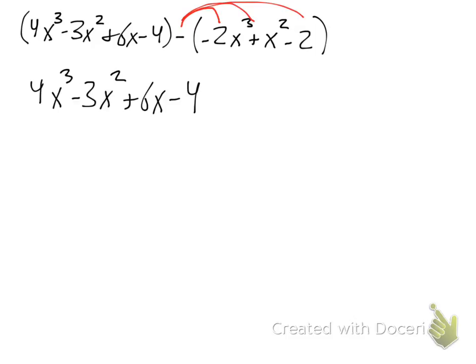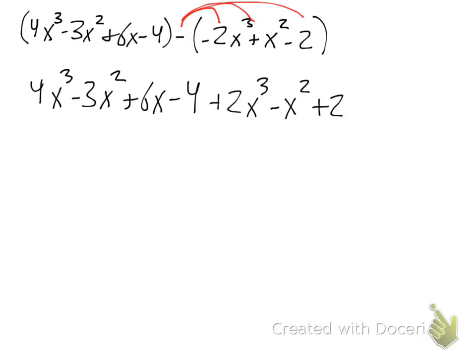But I changed colors to show that I will be distributing to all of the terms. A negative times negative 2x cubed. It's a positive 2x cubed. A negative 1 times a positive x squared makes it a negative x squared. And a negative times negative 2 is 2.